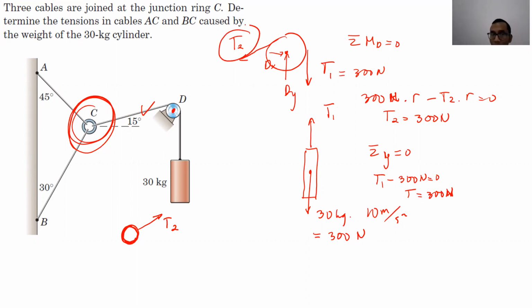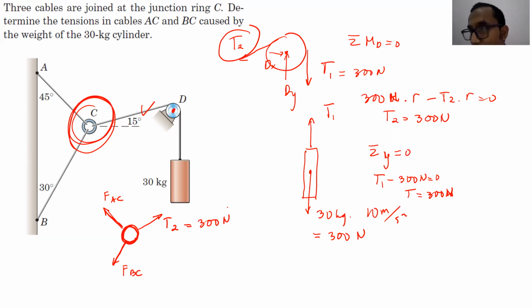What else that we have, Judy? Tensions in the cable BC and AC. Okay, because it's tension, I will put it like this, FBC and FAC. The direction is supposed to be the same with the cable. T2 is known, T2 value is 300 Newton.